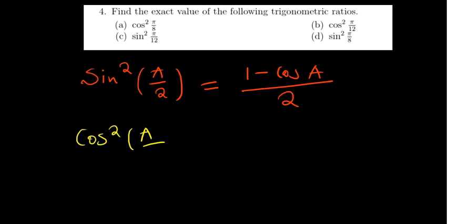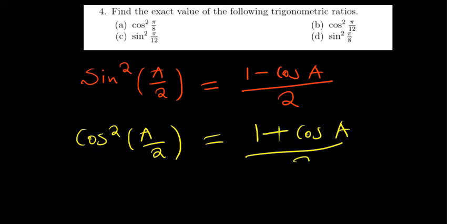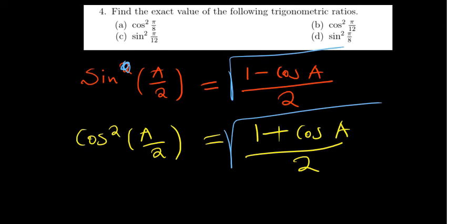Cosine squared of half an angle A is equal to 1 plus cosine of the same angle over 2. Of course, if you try to find the exact value removing the square, you end up with a root on the other side, which is probably the one that you've seen. This is not very hard to remember, it's actually very easy.